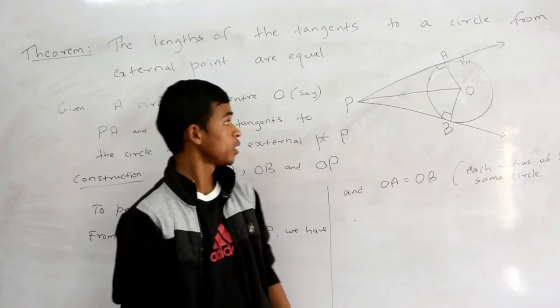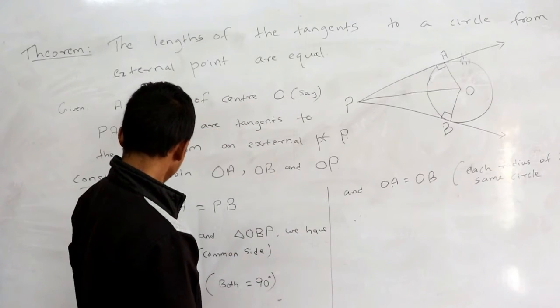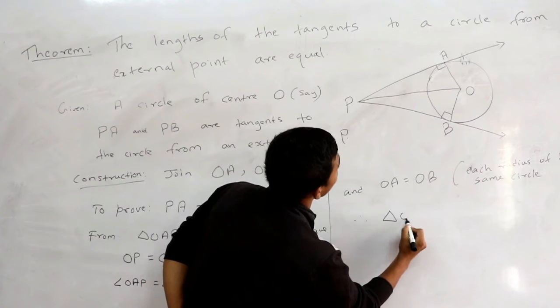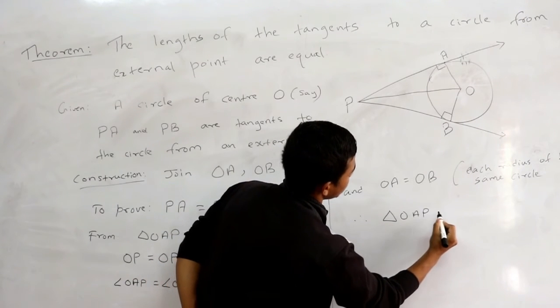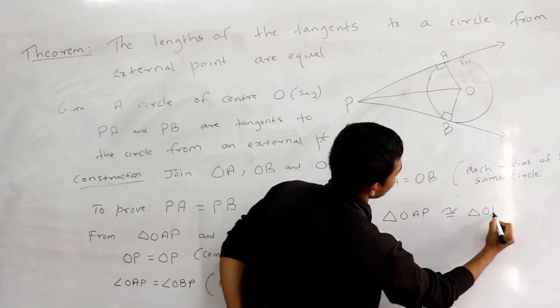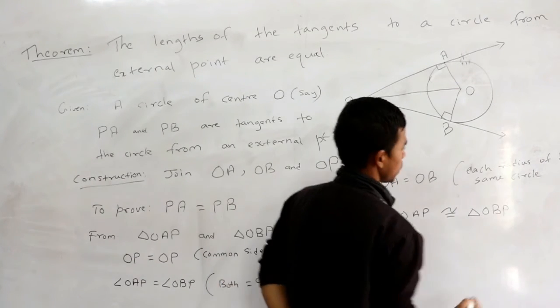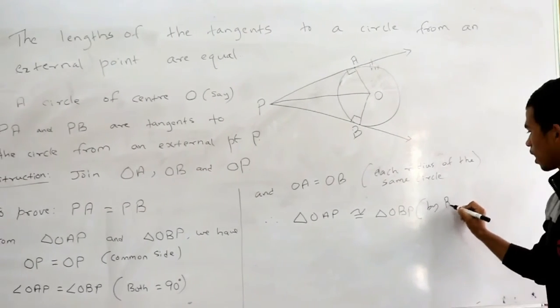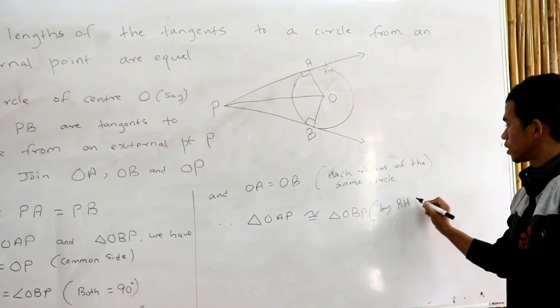So therefore from these equations we have that triangle OAP is congruent to triangle OBP, by the congruence right angle hypotenuse side.